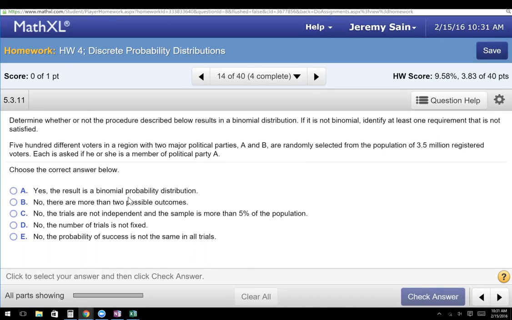So there are two possible outcomes. Yep, there's two possible outcomes. Is the number of trials fixed? Yeah, we're doing 500 trials out of that many people. The probability of success is the same in all trials, and presumably there is some fixed number of people.